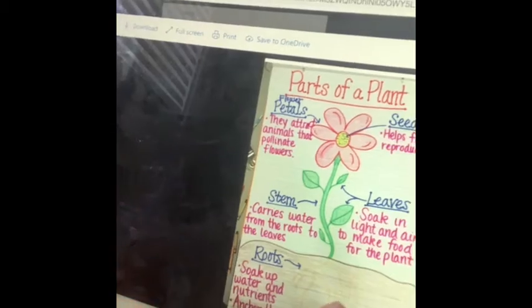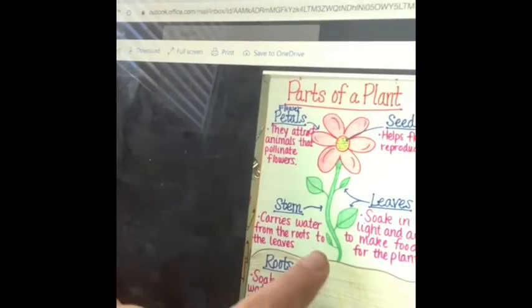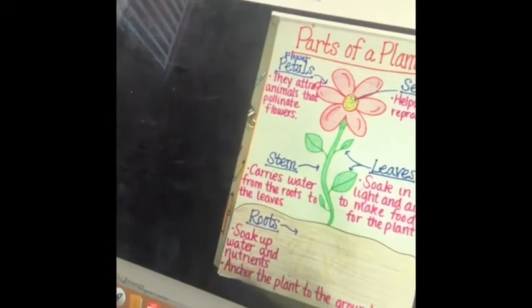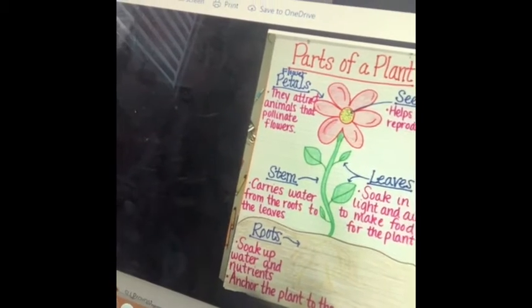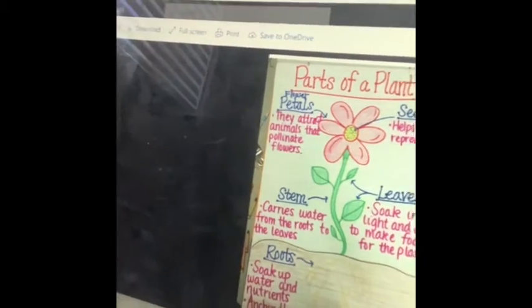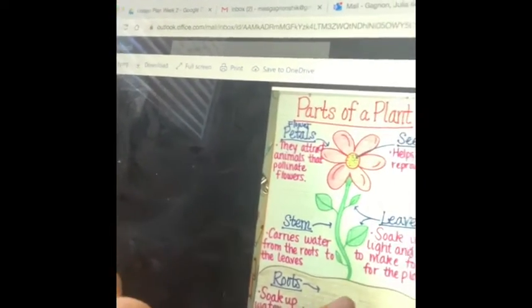And then the roots, they are underground, soak up water and nutrients, and anchor the plant to the ground. So you could see the roots are in the soil. The roots are usually always underground. I learned a lot while doing the lessons that some roots could actually be above the ground, but most of the time it is underground.